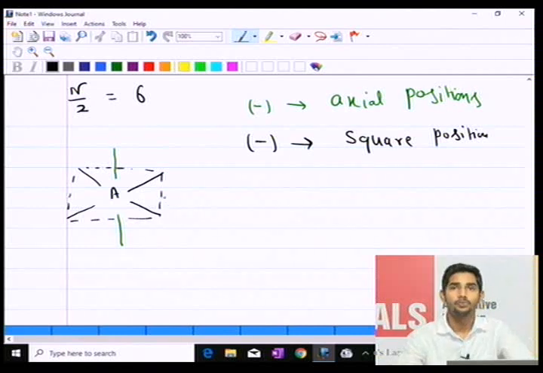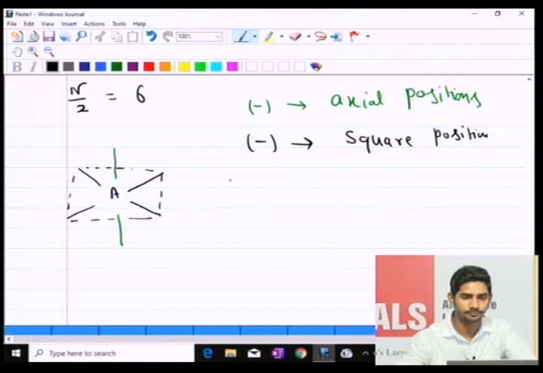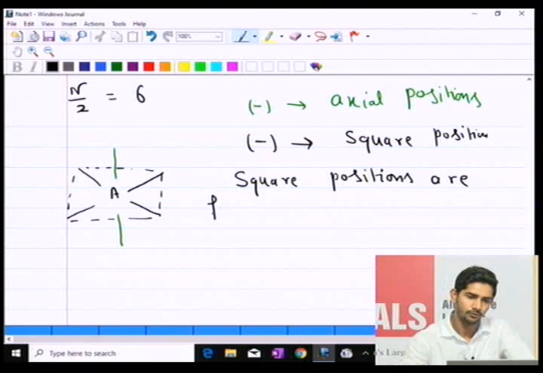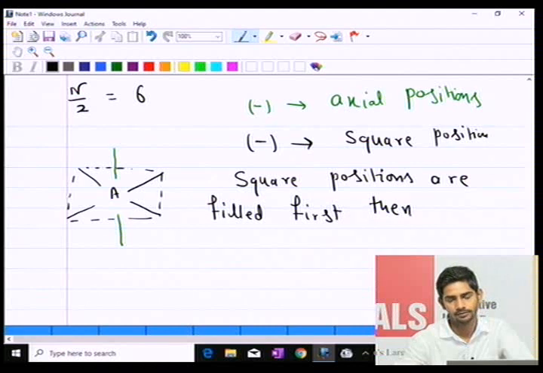Okay. So guys, here the rule says that square positions are filled first, then axial positions.